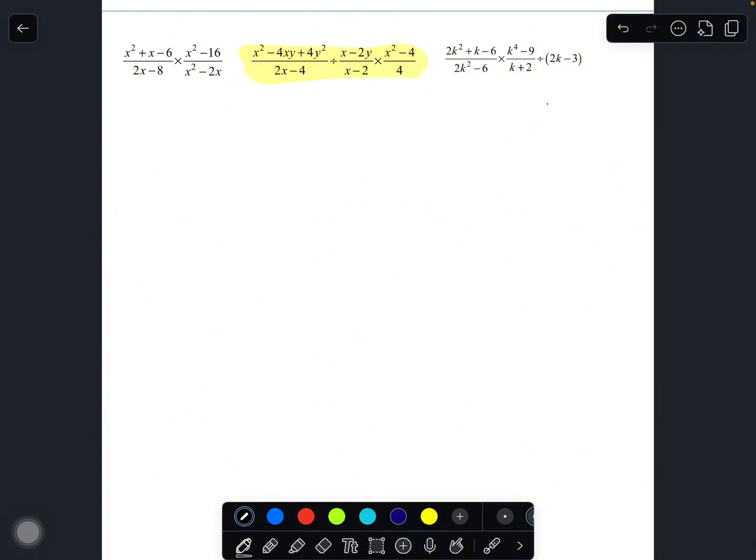So when factorizing this, I'm going to have an x, I'm going to have a y, I'm going to have an x, and I'm going to have a y.